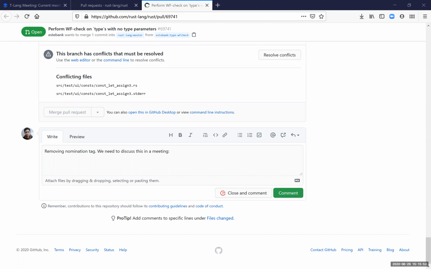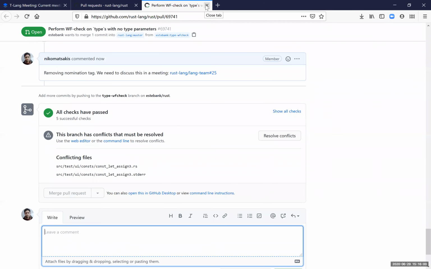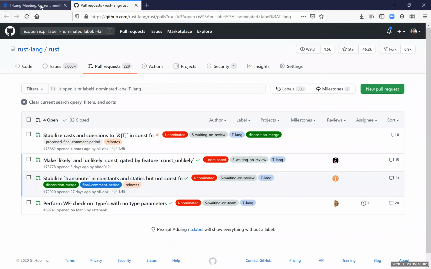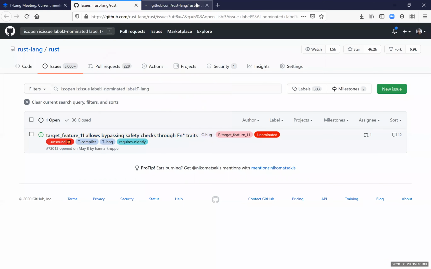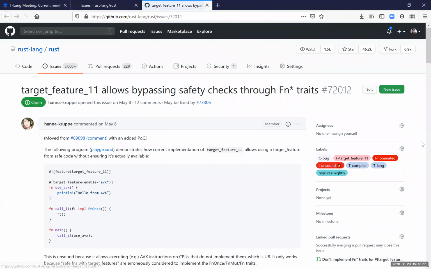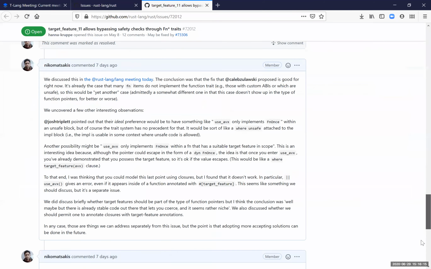Okay, so nominated issues. One. We already discussed this last time. I don't know that this still needs to be nominated. This was the matter of target feature and safety.